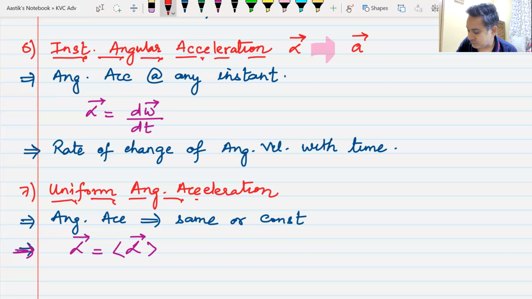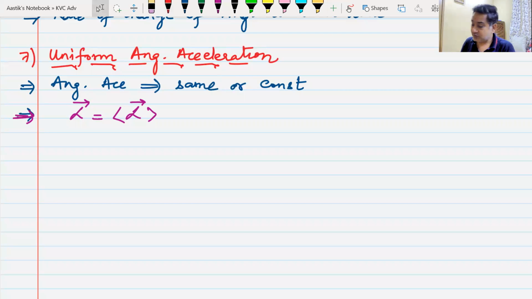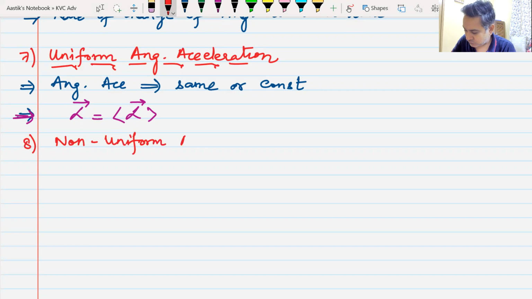Most of the cases you will only encounter cases of uniform angular acceleration, but there could be a question where the acceleration is non-uniform. So what will happen in non-uniform angular acceleration?